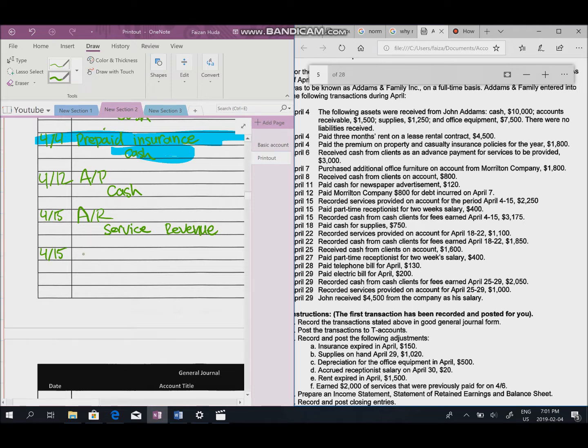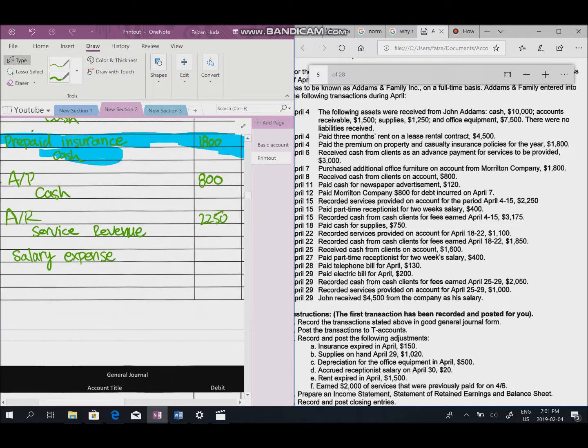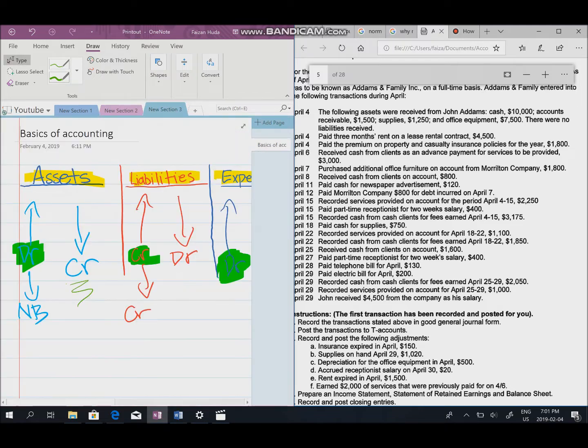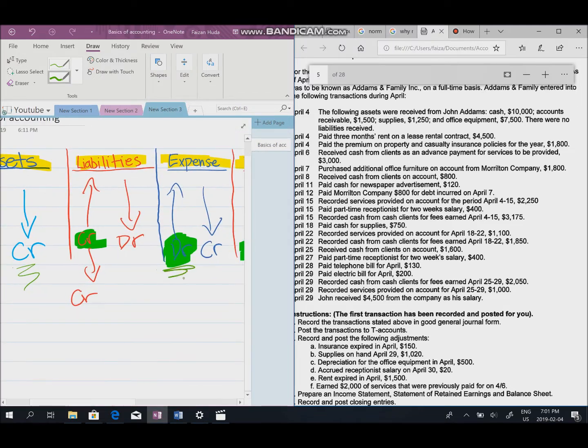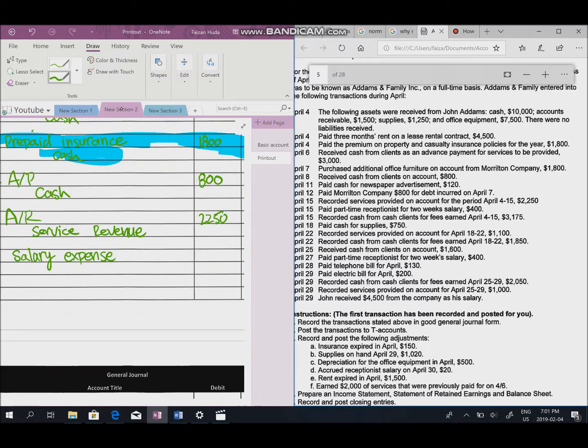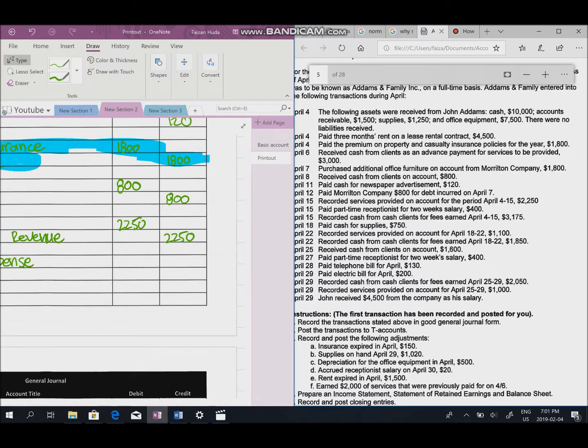So for this journal entry, we would debit our expense. In this case, since it says salary, I'm going to use salary expense. Anytime you want to debit an expense account, as I said in the beginning of the video, you debit the amount. So salary expense would be debited by, since we paid her, how much did we pay her again?